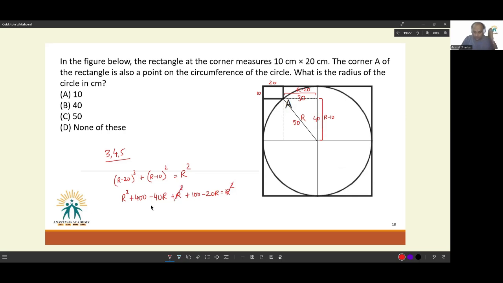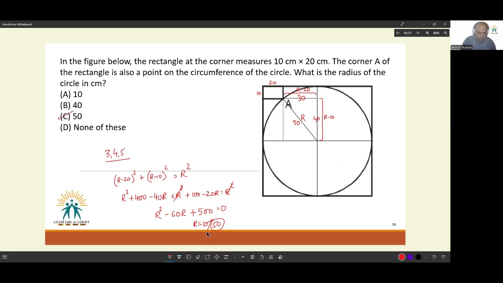So cancel, cancel. We get R square minus 60R plus 500 is equal to 0. So R is equal to 10, 50. R cannot be 10. R has to be greater than 20 and 10, and therefore the correct answer will be option C, 50.